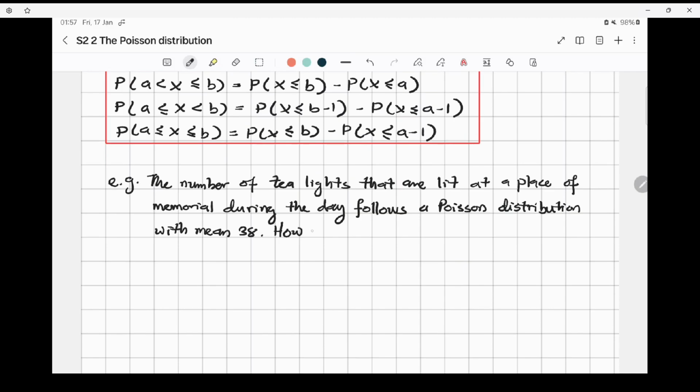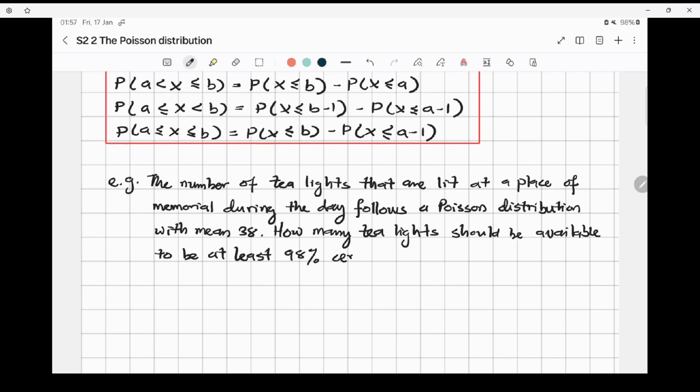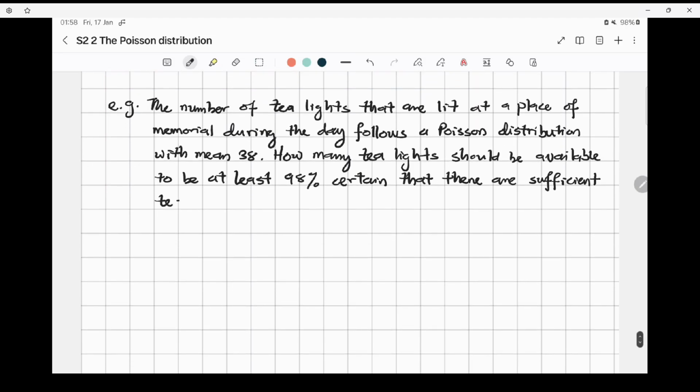So how many tea lights should be available so that you have at least 98% certainty that there are sufficient tea lights for the demand?